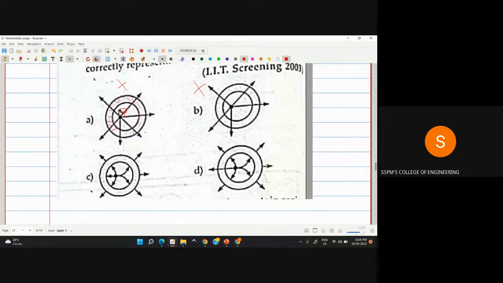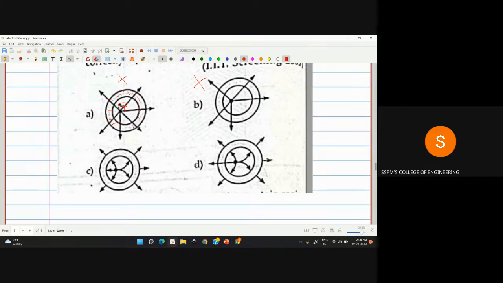Look at option D. Here the line of field is passing through the metallic body. But that is not a valid answer. But option C is valid. Why is it valid? Here in the metallic shell, or metallic wall, the lines of field are not shown, isn't it?